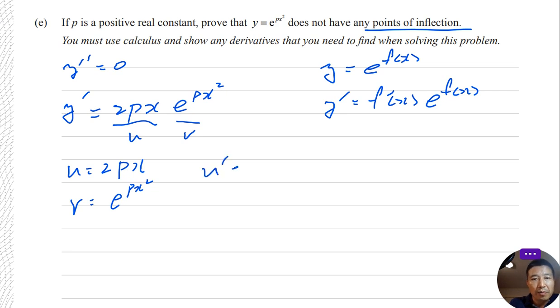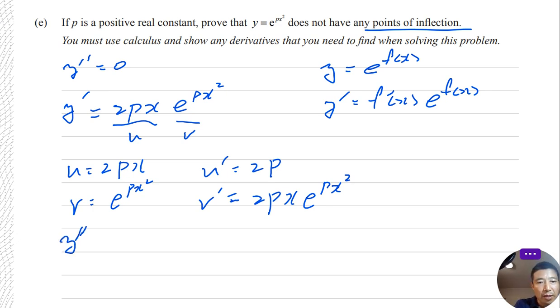So u prime is 2p, right? v prime, well, v is the same as y, so v prime must be y prime, which is 2px e to the power of px squared, right?